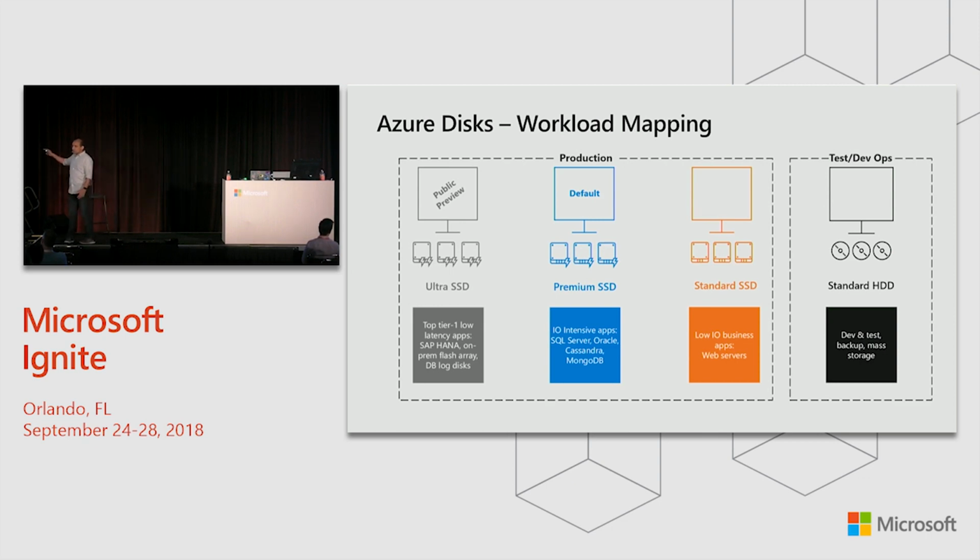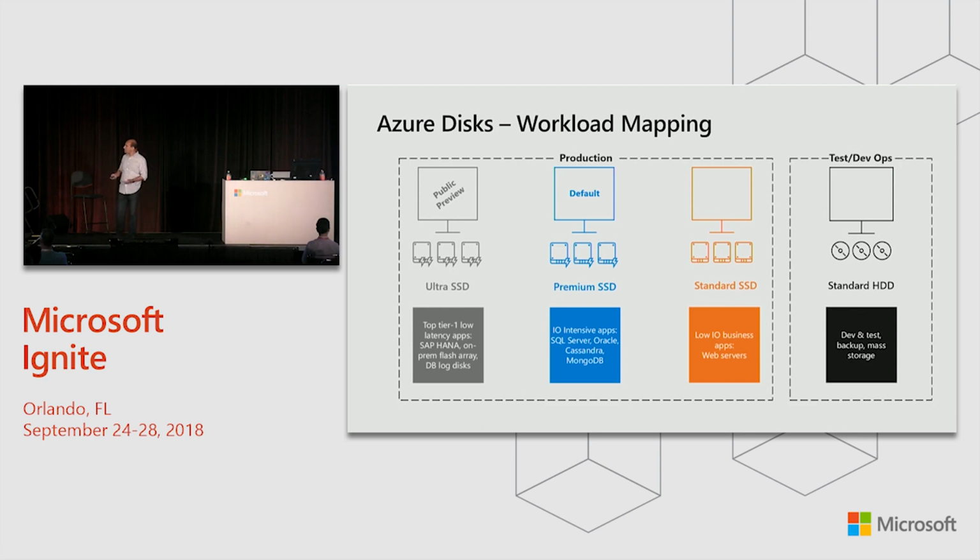Standard SSD, on the other hand, is something we released this week. We consider that a very cost-effective solution for your production applications that need consistent, reliable performance, but don't need high IOPS. It could be things like lightly used enterprise applications, web servers, or anything that needs reliable performance but is not I/O intensive.